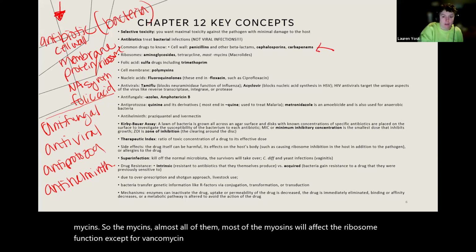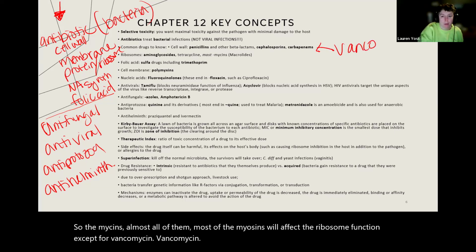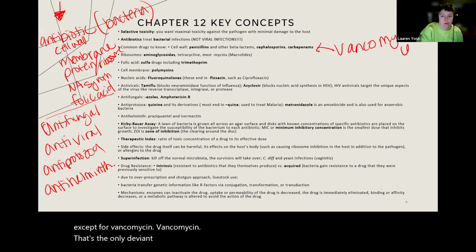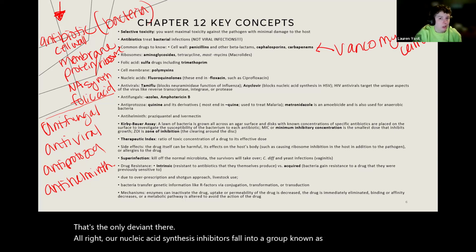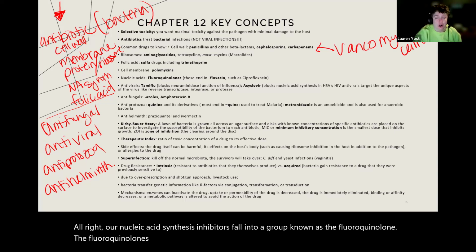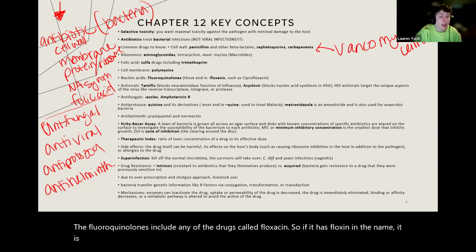Vancomycin affects the cell wall. That's the only deviant there. All right, our nucleic acid synthesis inhibitors fall into a group known as the fluoroquinolones. The fluoroquinolones include any of the drugs called floxacin. So if it has floxacin in the name, it is a fluoroquinolone, and the fluoroquinolones inhibit nucleic acid synthesis.